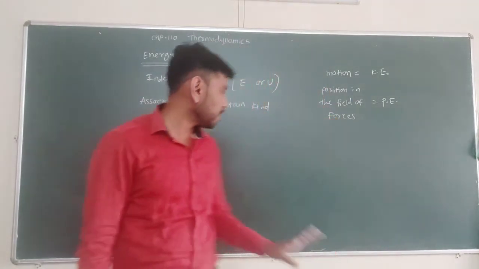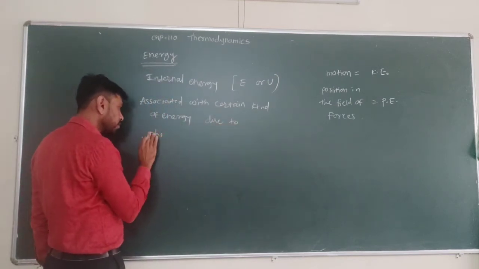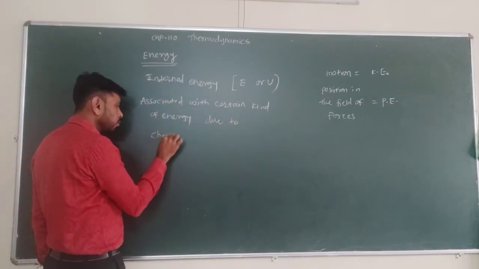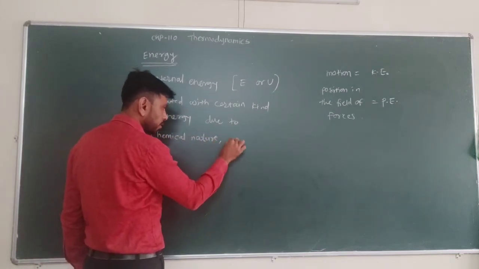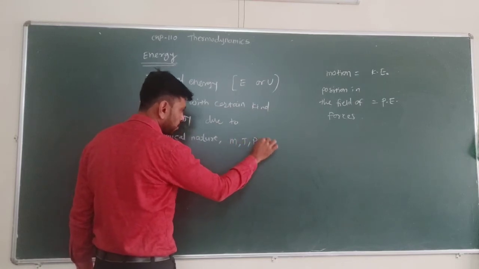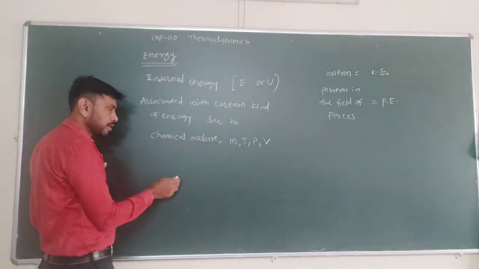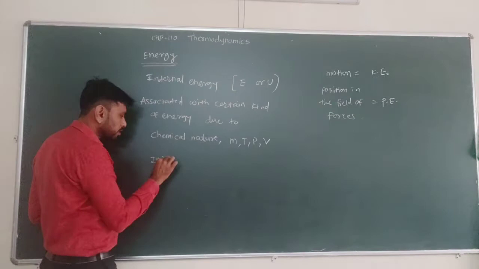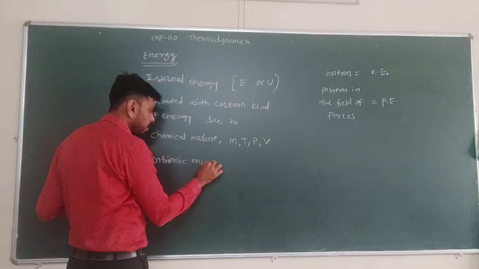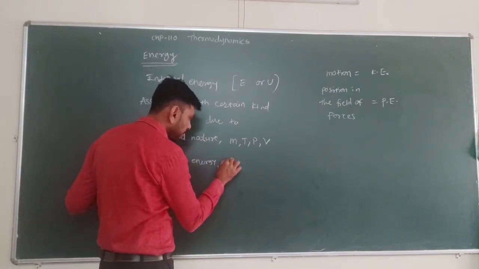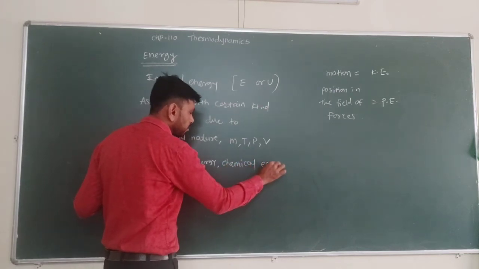This energy is due to its chemical nature, its mass, temperature, pressure, volume, and that energy is nothing but internal energy. It is also called intrinsic energy, or it may also be called chemical energy. So there are different names for internal energy.